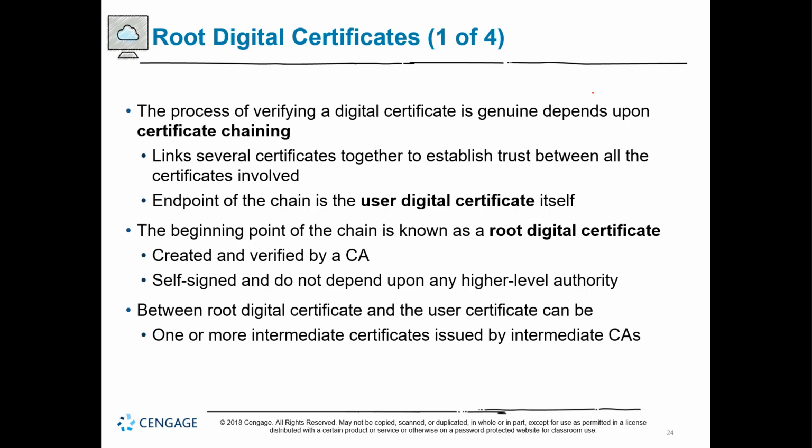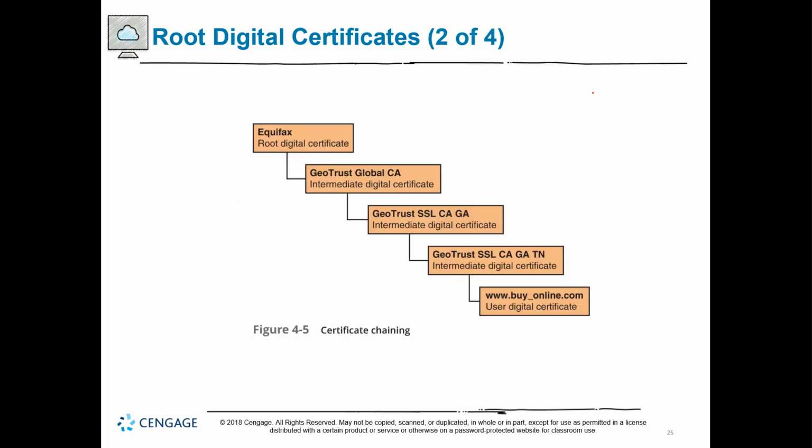If we trust VeriSign, and VeriSign signs a certificate for Komodo, then we trust Komodo because we trust VeriSign. Well, that's chaining. If Komodo then trusts another third party, then we trust them. So the beginning point of the chain is called the root certificate. Here's an example.